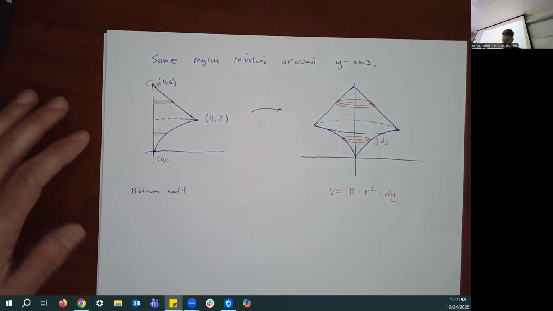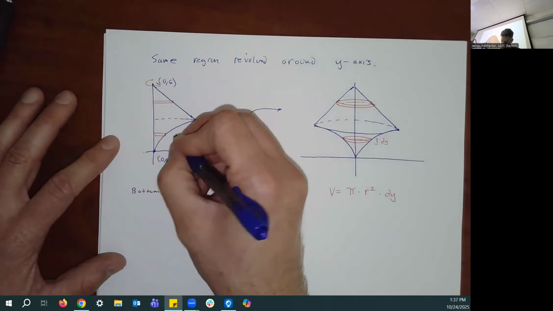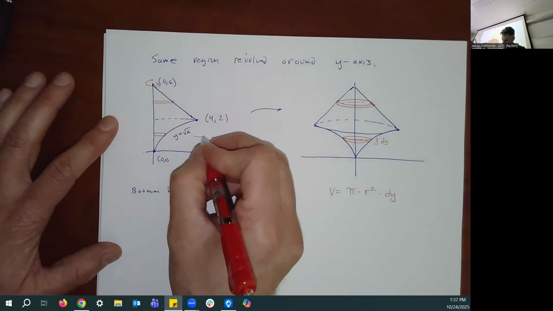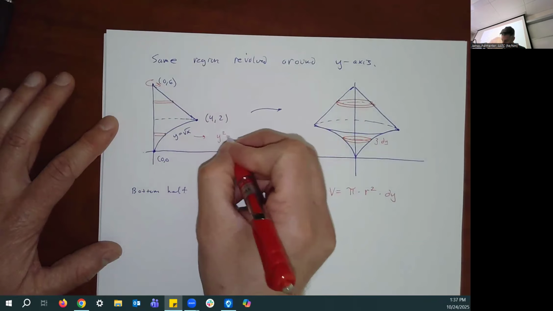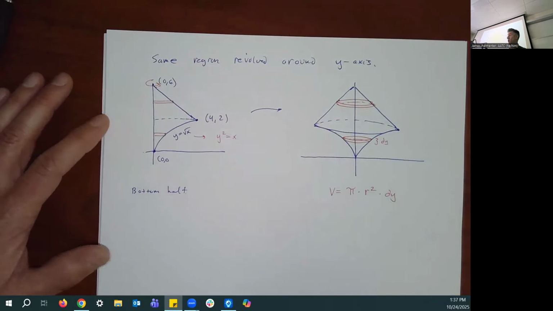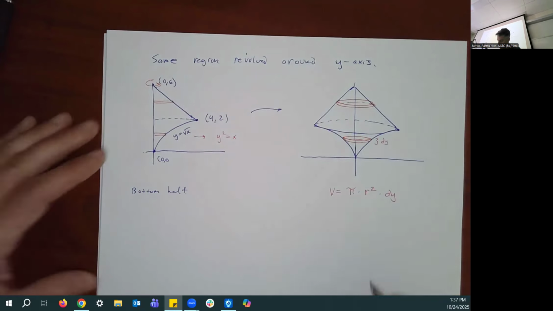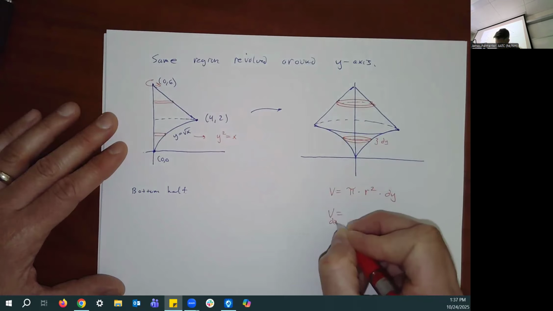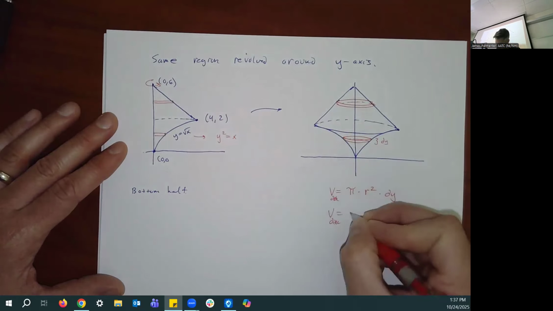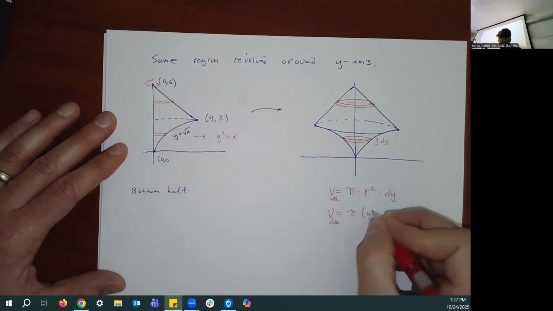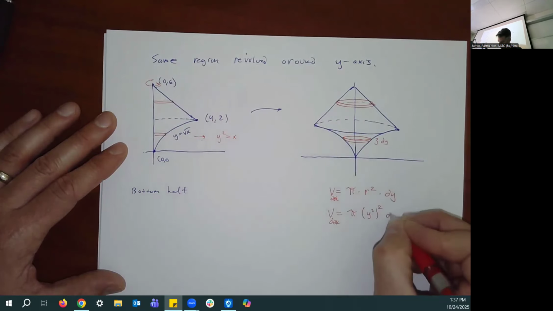This bottom function is y equal to the square root of x. If we square both sides, we get y squared equal to x. So our radius is y squared, and the volume of our disk is pi times our radius, which is y squared, squared, dy.